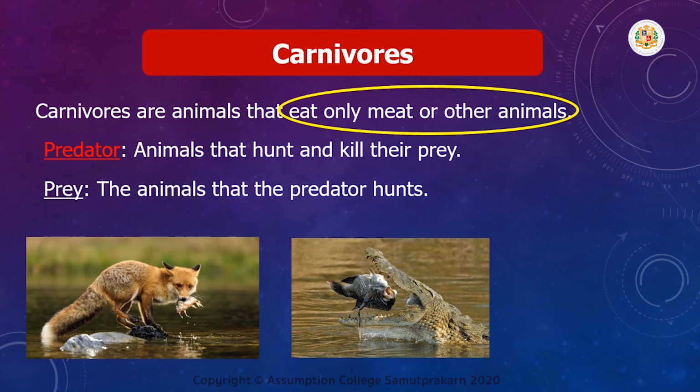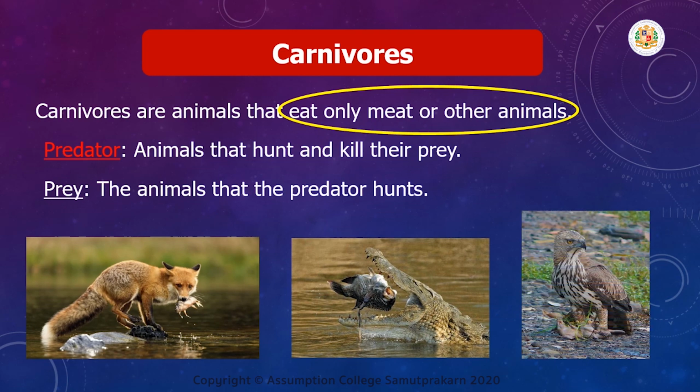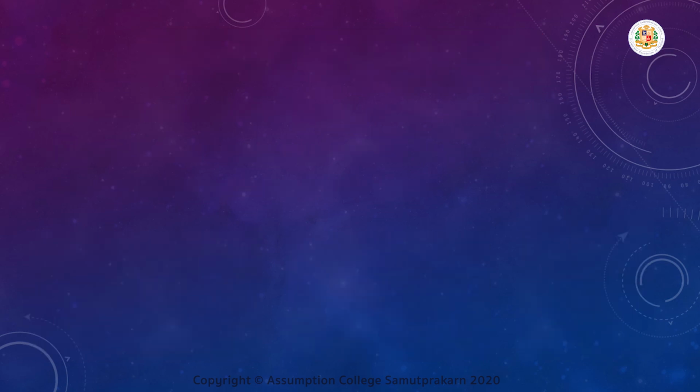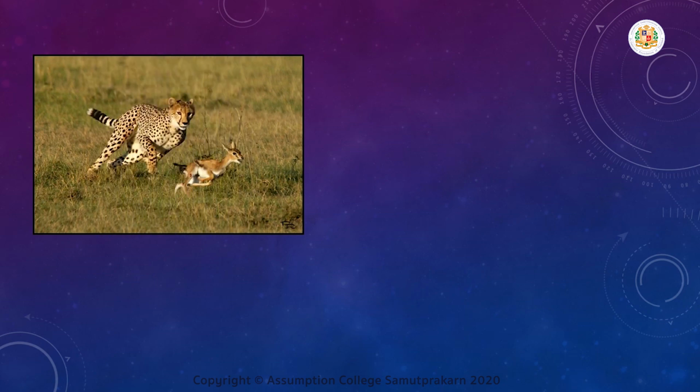We have a fox catching a fish, a crocodile eating a fish, and an eagle catching a rat to eat.